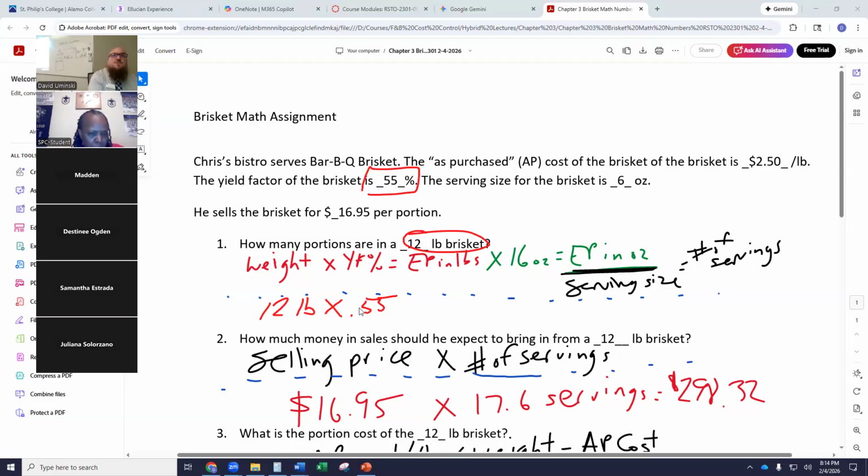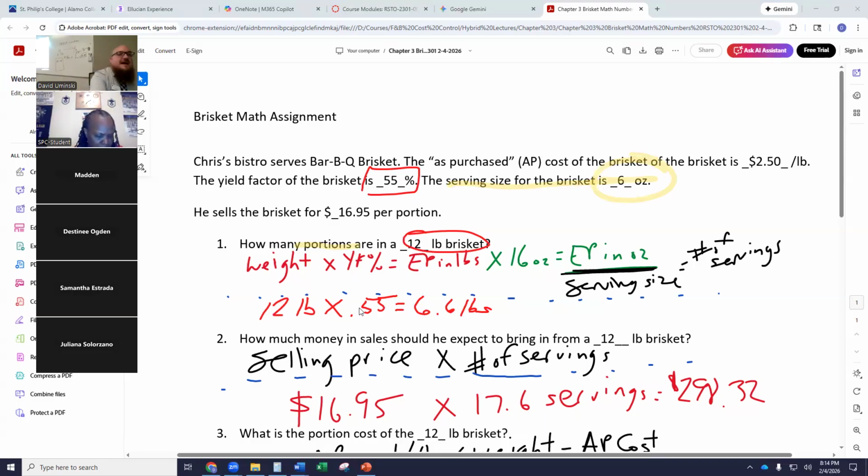When we multiply 12 times 0.55, we get 6.6 pounds. My question is, how many portions are in a 12-pound brisket? My serving size is 6 ounces.